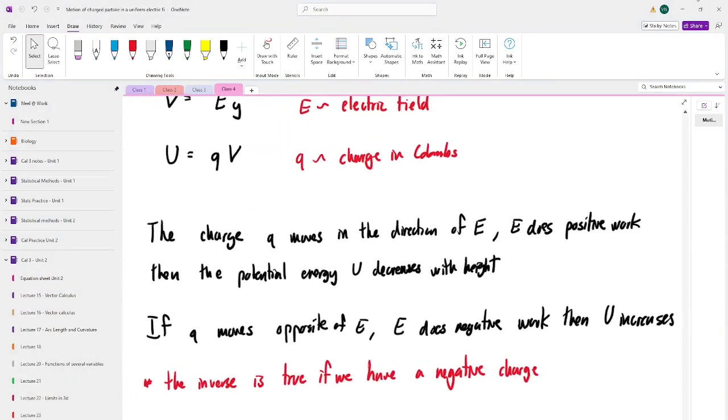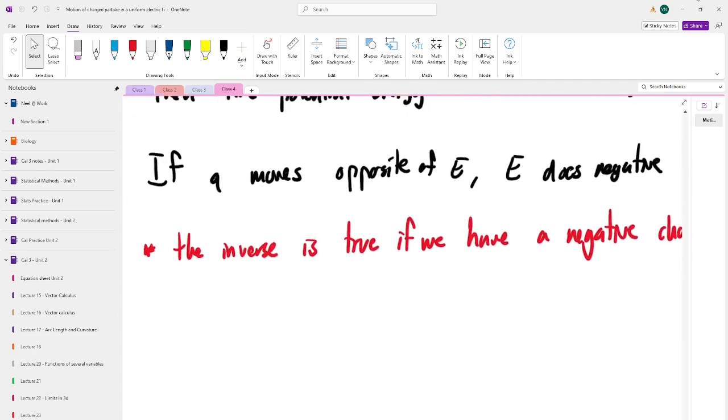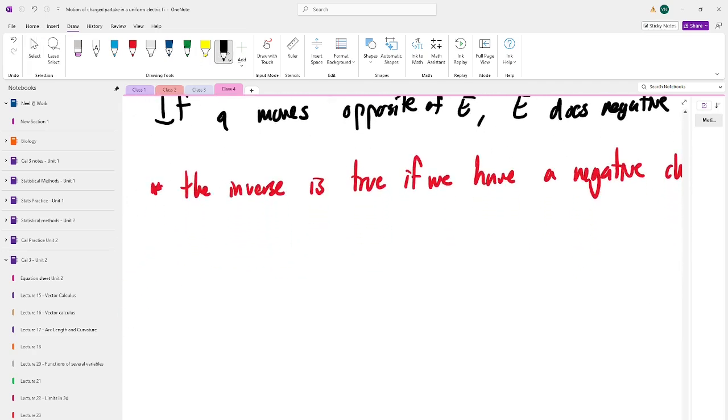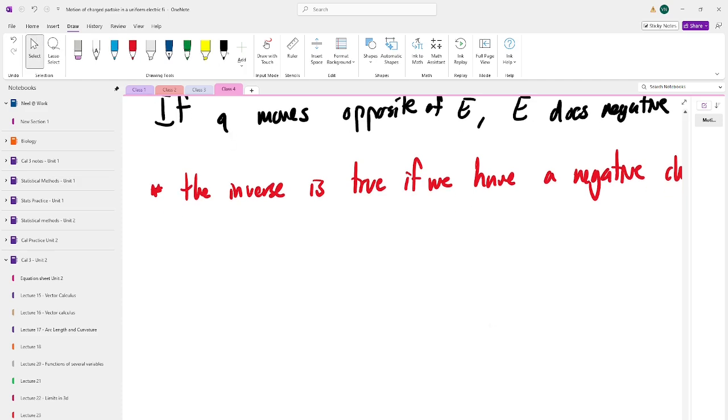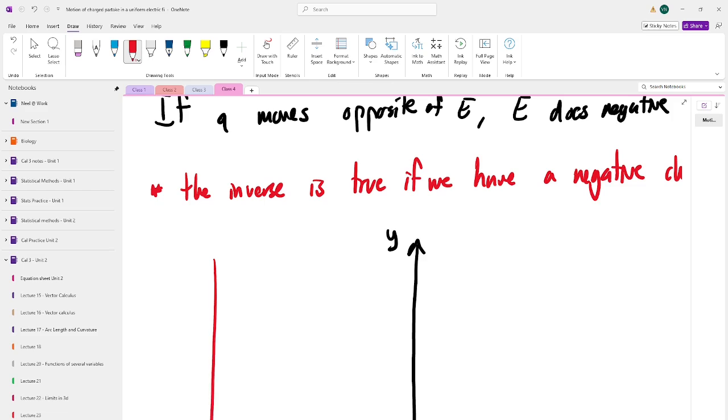So let's show that. If I have, for example, my y-axis like that, and then I have an electric field that's moving upwards, so let's draw it like that.